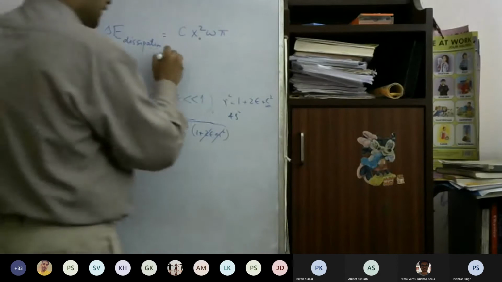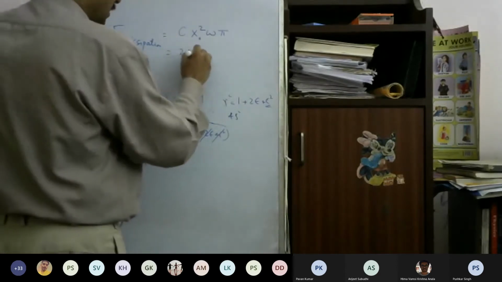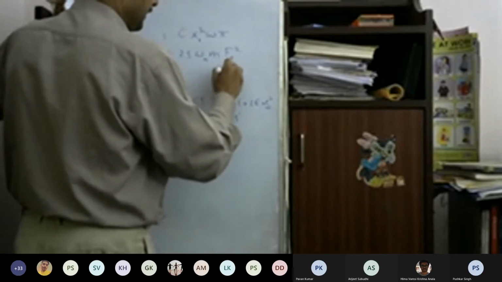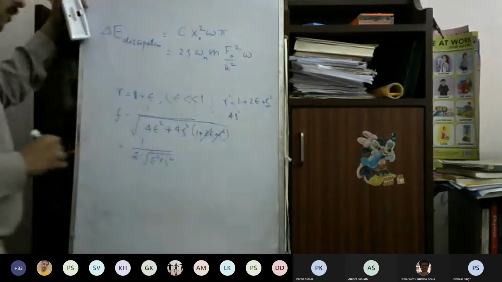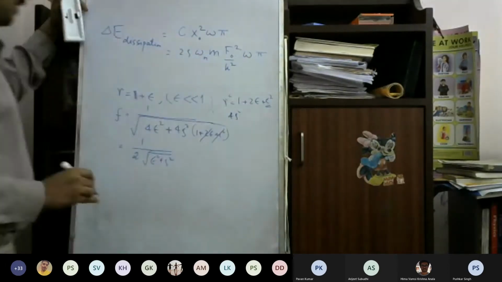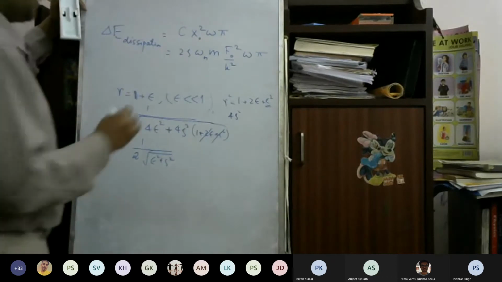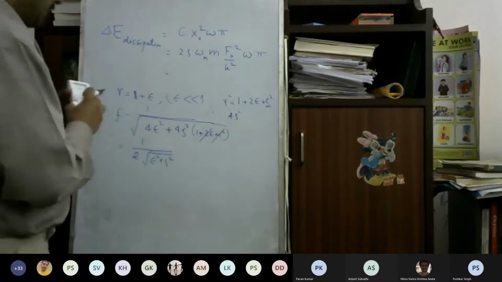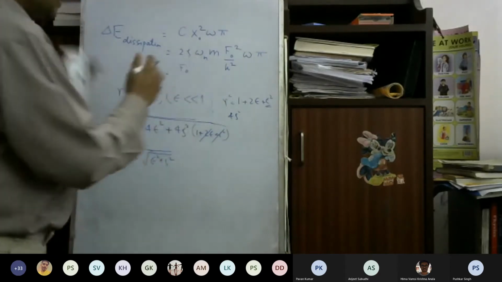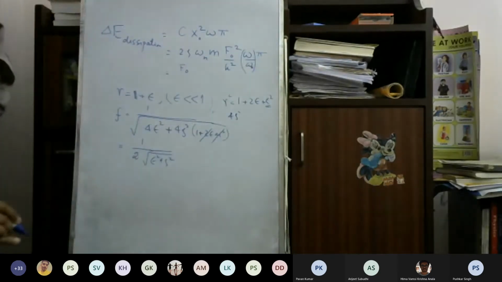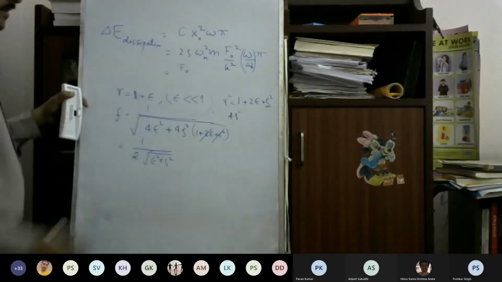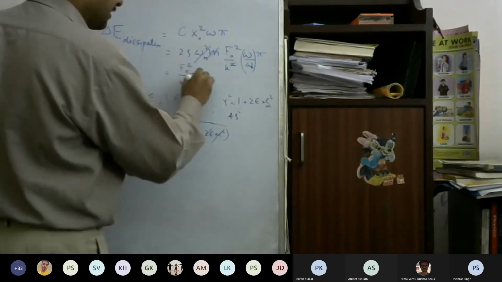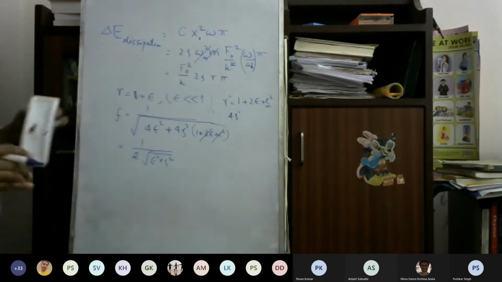This is C, that is 2 zeta omega n times m, times X naught square, which equals F naught square by k square times omega n times pi. So energy dissipation is F naught square by, writing omega by omega n, omega n square m and k, so one k will cancel. So you get F naught square by k times 2 zeta times r times pi.